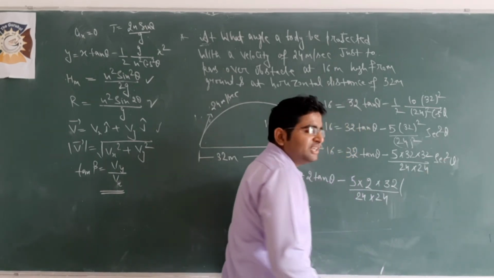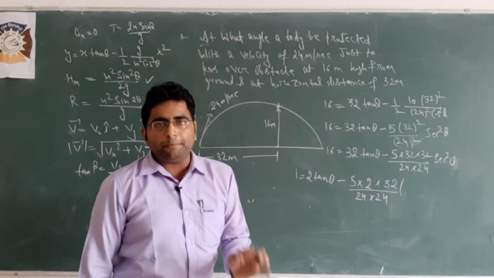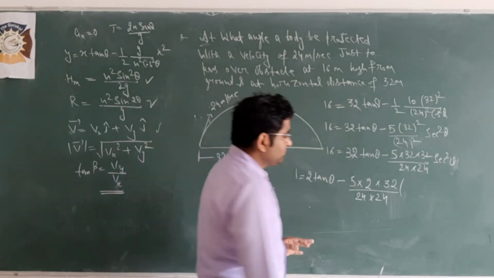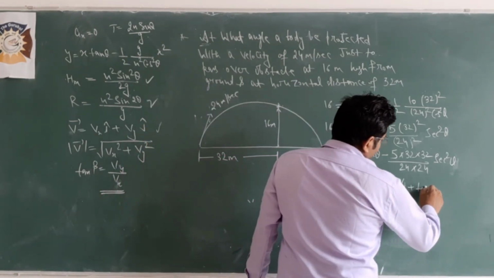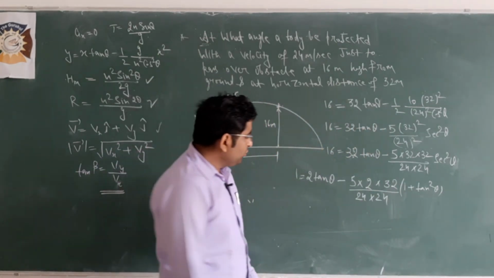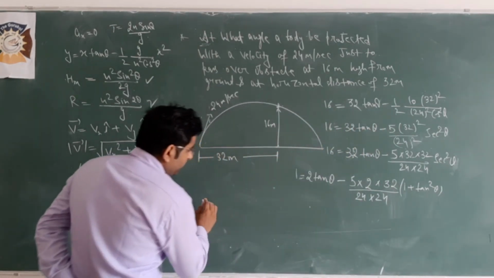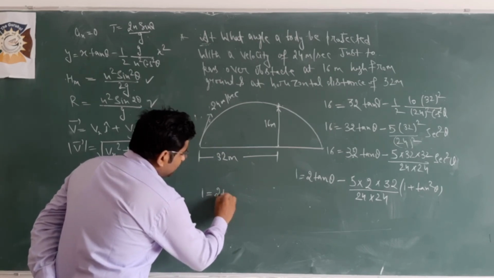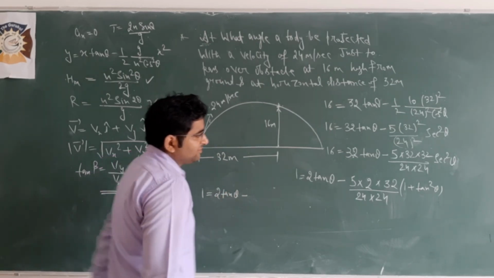Here secant square theta can be written as 1 plus tangent square theta. Like this. Clear?